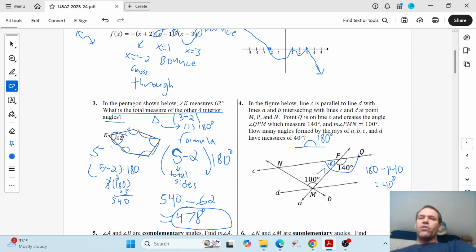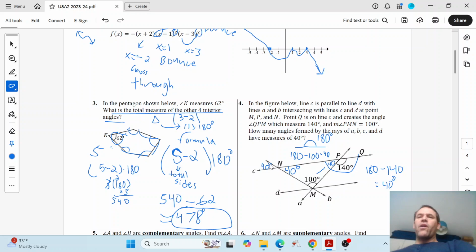So 180 minus 100 is 80, and then minus 40 is 40, because they need to add up to 180. So this angle here should also be 40 degrees. And then vertical angles are congruent, so there's another 40.